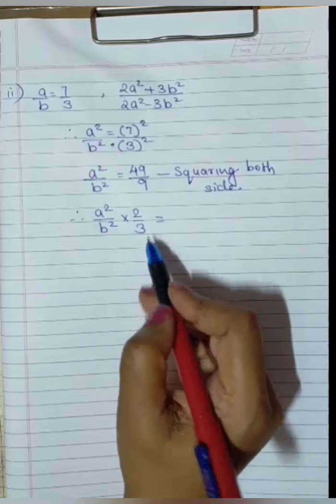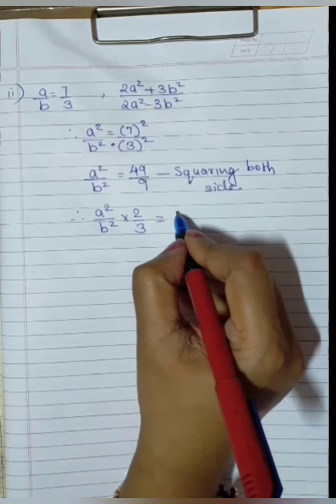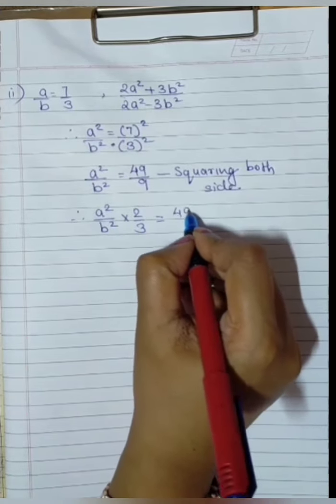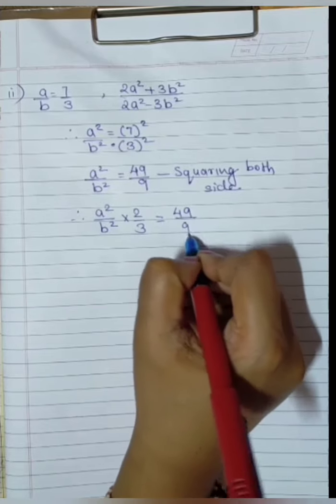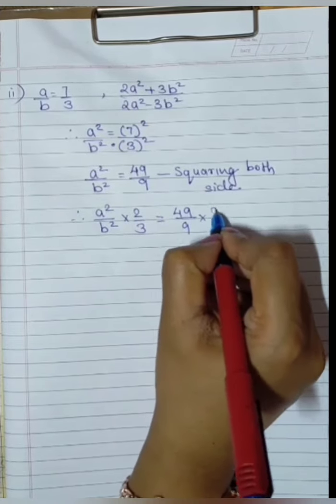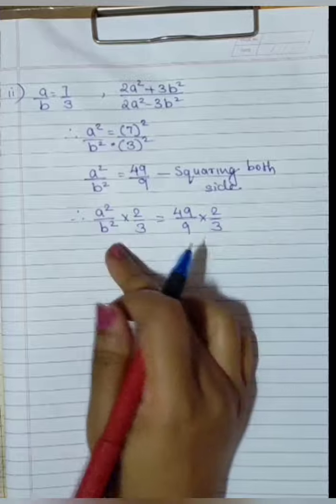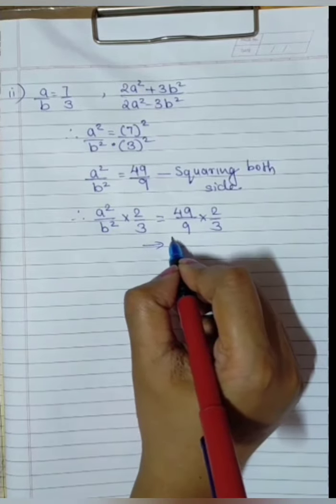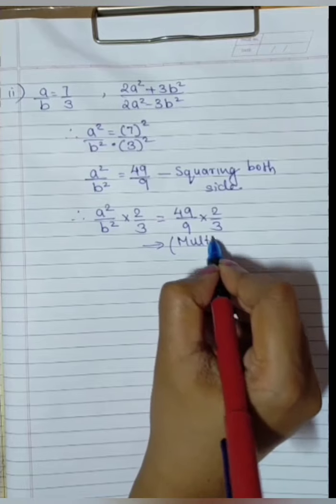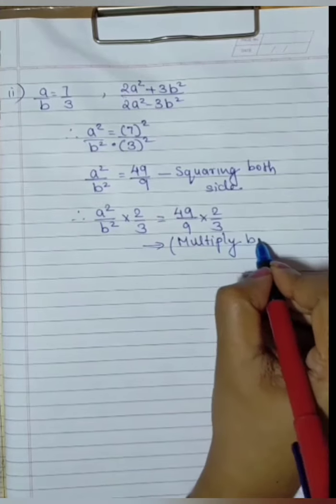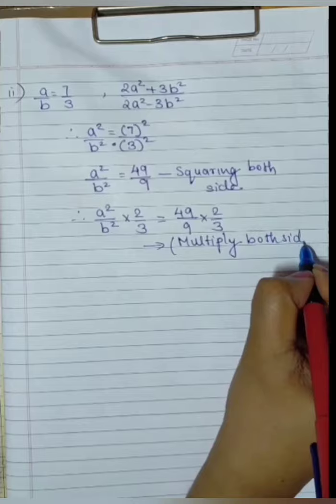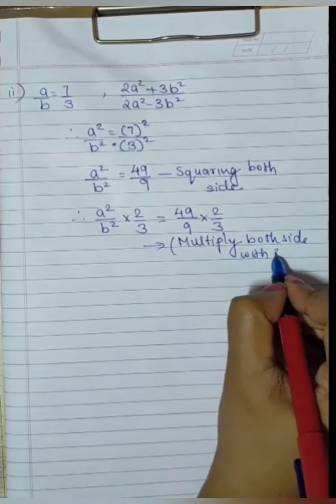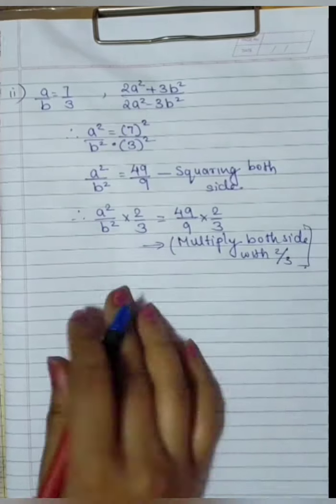So we'll take 2 upon 3, and here also 49 upon 9 multiplied by 2 upon 3. So both sides we multiply with 2 upon 3.